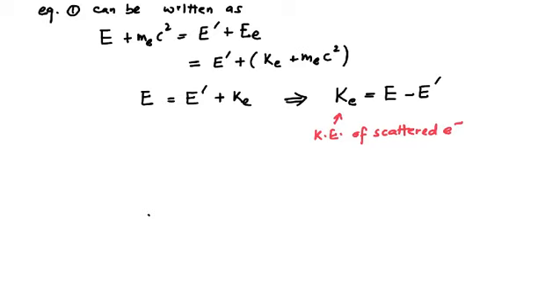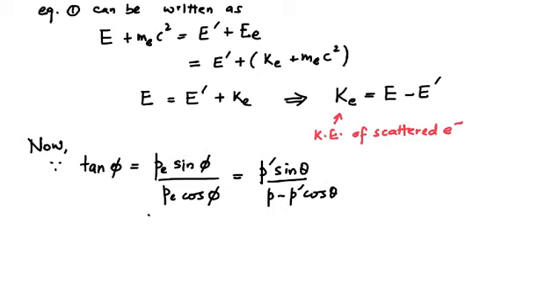So from this equation we can get the kinetic energy of the scattered electron as equal to E minus E prime.